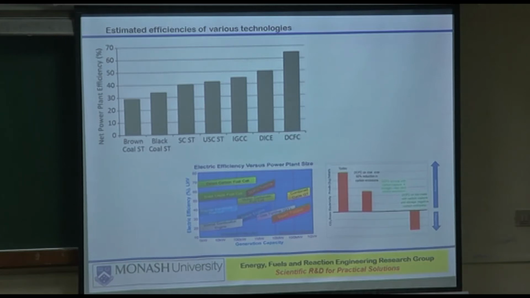But we are not the only one in Australia to do the DCFC research. Others have tried and stopped. CSIRO to a reduced extent is still continuing, but all over the world, particularly in Europe as well as in North America, considerable work has gone on and is still going on in the DCFC area.